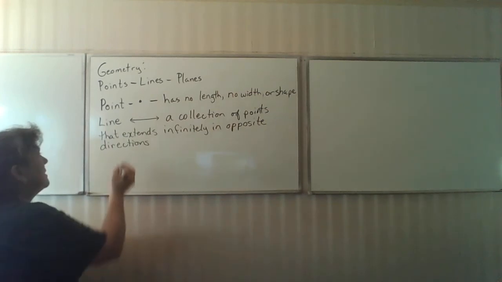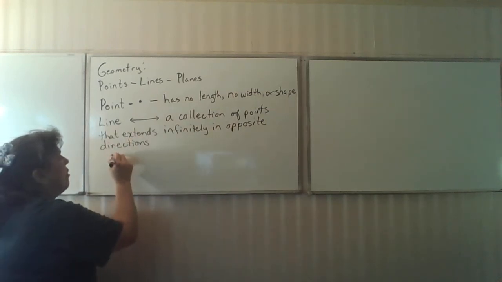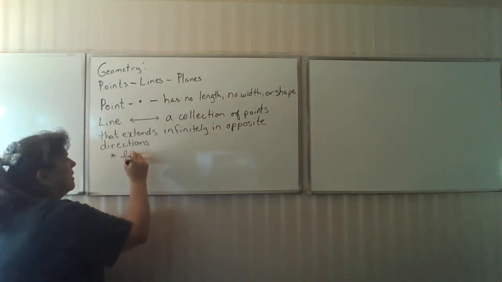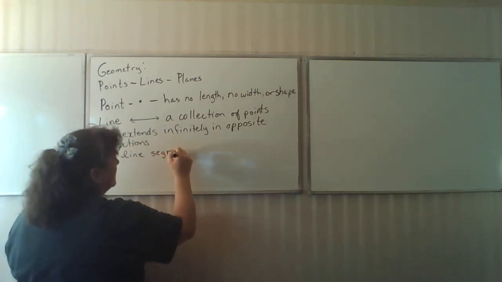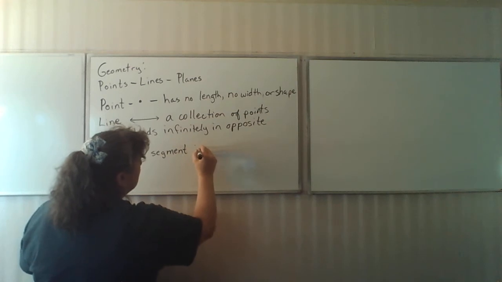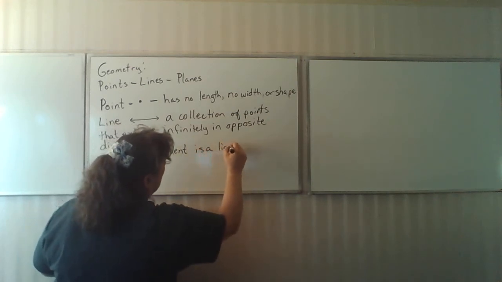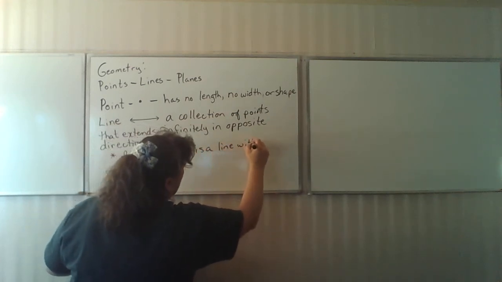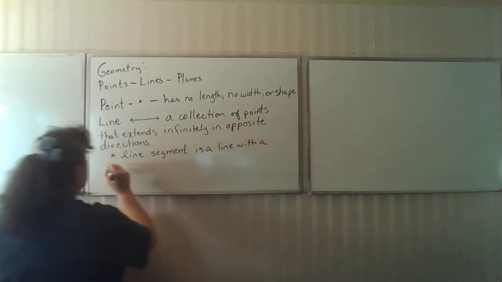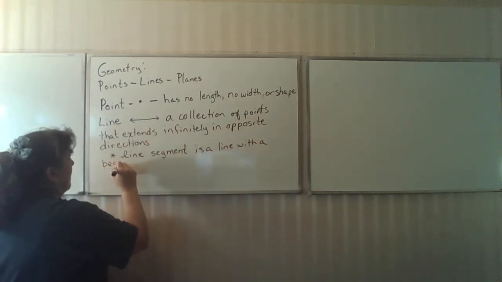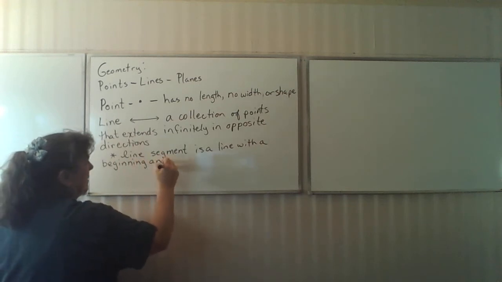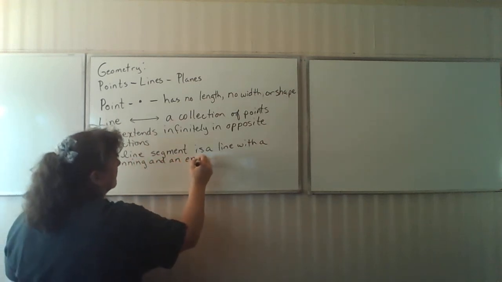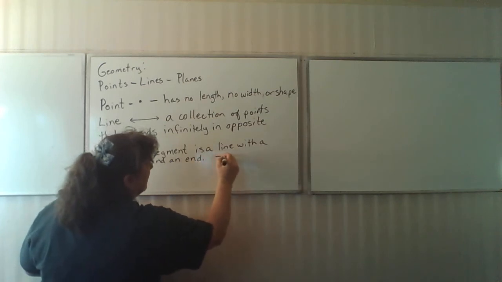Now, from this line, we have part of that line called a line segment. A line segment is a line with a beginning and an end. In other words, it looks like that.